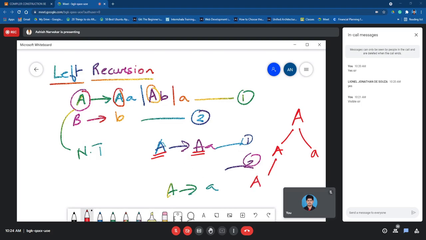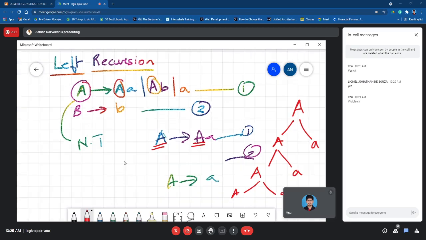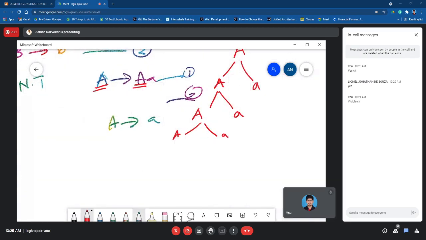So A derives A, and this can further continue, A derives A, and so on. And maybe finally somewhere down the tree, the system might end it with just a single A, using this particular production.